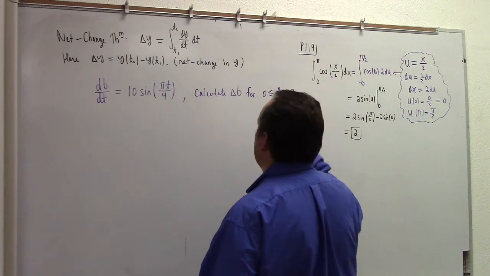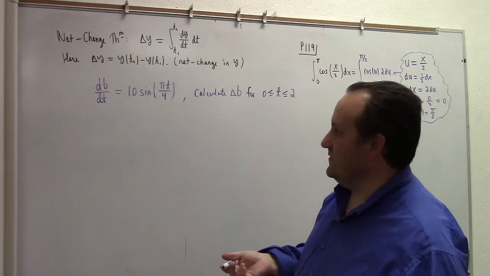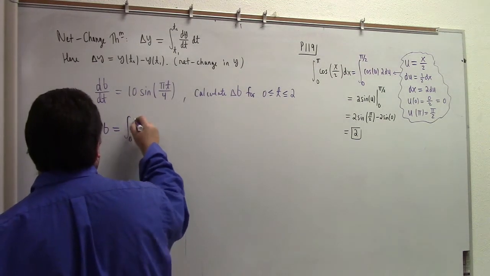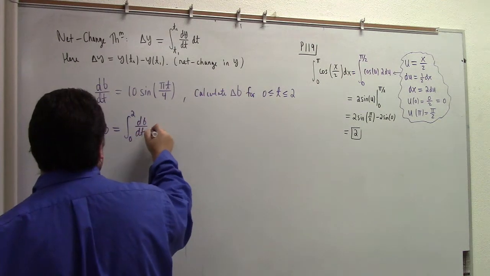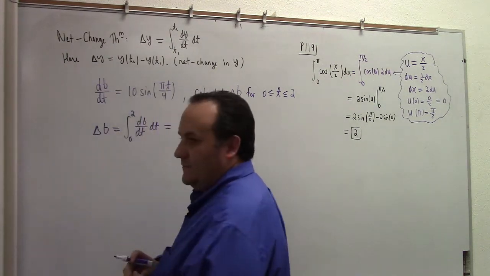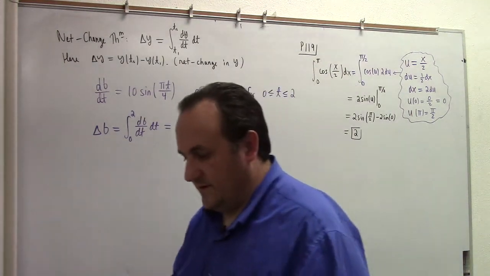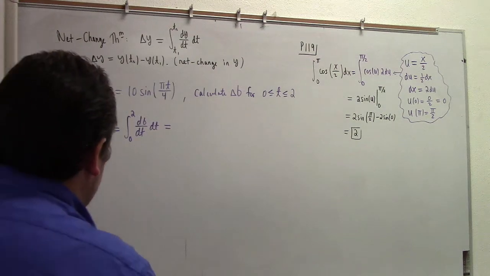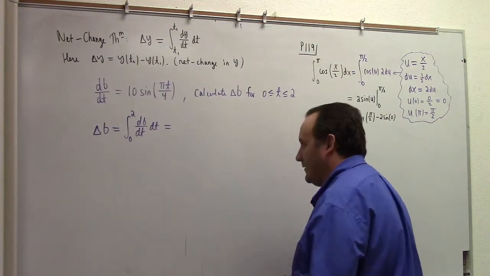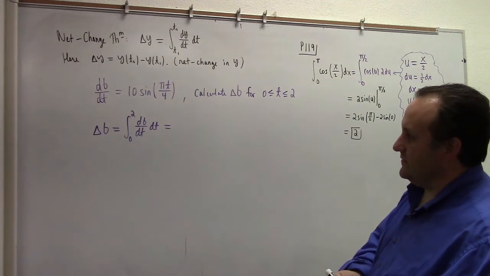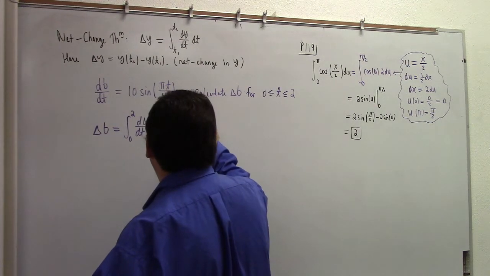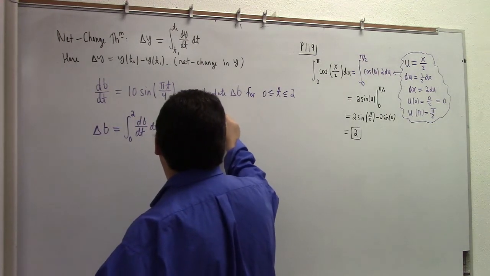So what we've got to do is use the net change theorem, right? The number of barks we're looking for should be the integral from 0 to 2 of dB/dt, right? But in this case, we're also given the formula for dB/dt, so we can do that integral. We just have to integrate from 0 to 2 of 10 sine of pi t over 4, right?